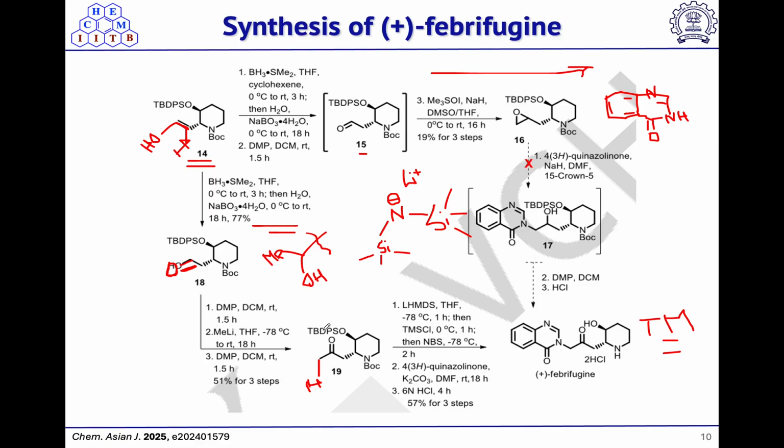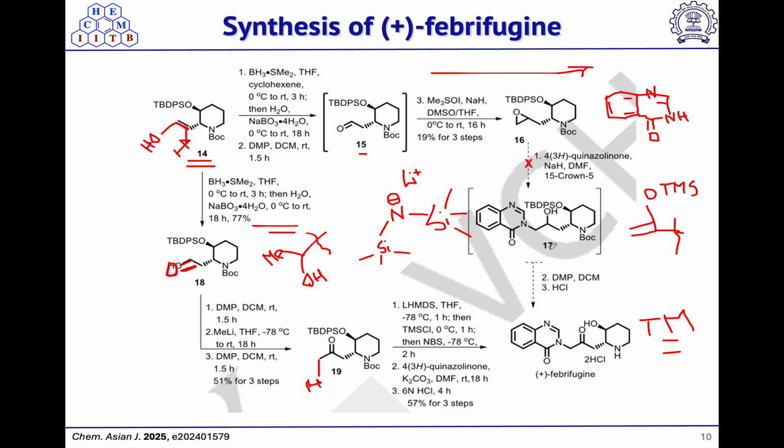Now, they are also using TMS chloride. Basically, enol TMS will form. So first the enolate, O minus, then with TMS chloride it will form this enol TMS.